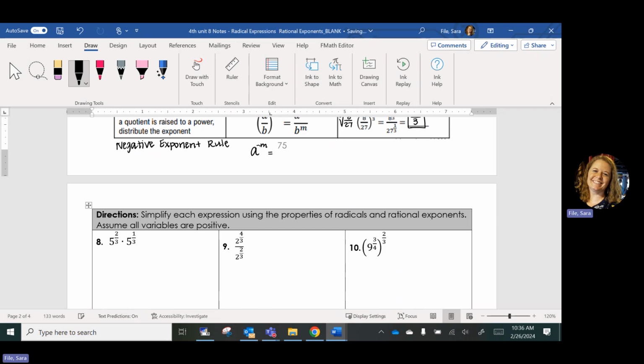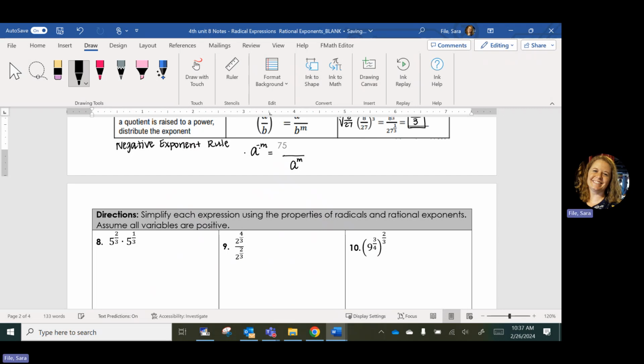So what you do, if you have a negative exponent, you move that term in the fraction. So right now, this is in the numerator. So to change that m to positive, I need to put that term in the denominator. So it goes from a to the negative m to a to the positive m if I put it in the denominator. Now, what would be left in the numerator?